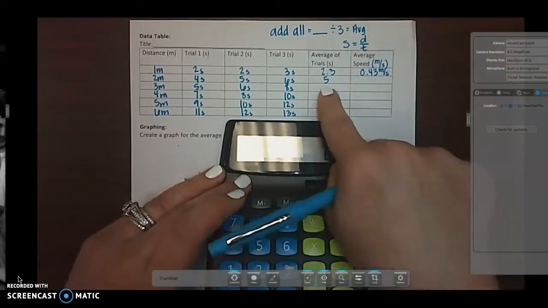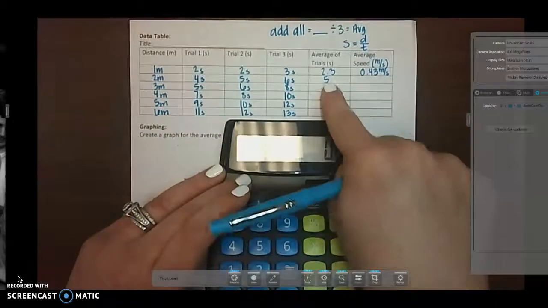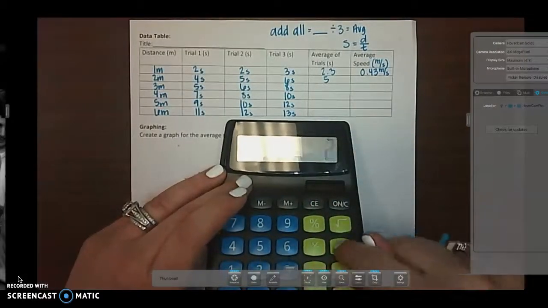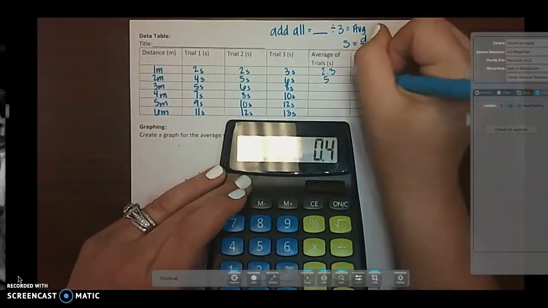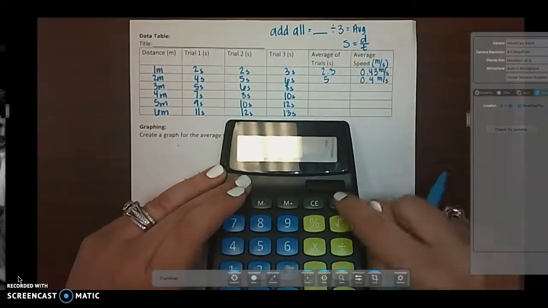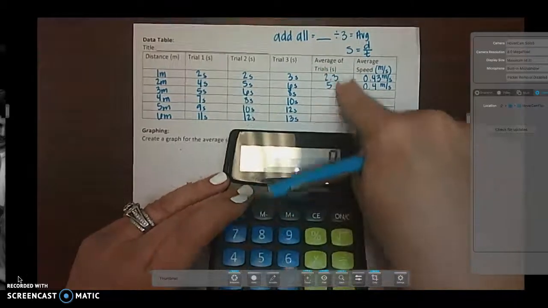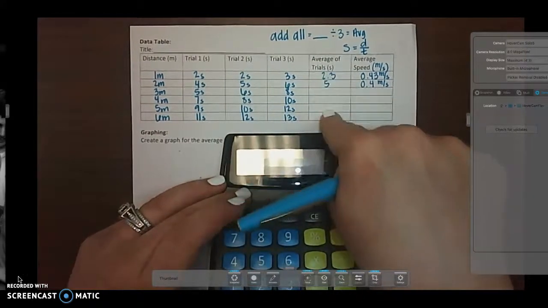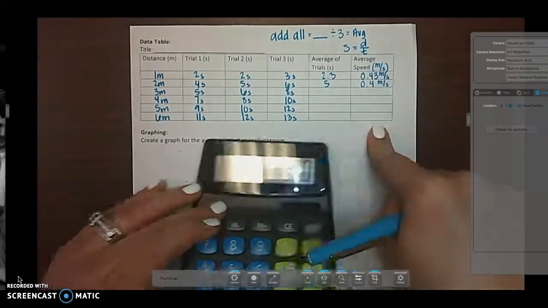On the next one, do the same thing. I've got 2 divided by 5. 2 divided by 5, and I get 0.4 meters per second. And I'm just going to keep doing that. So you have to find your average time for all of them before you can find your speed.